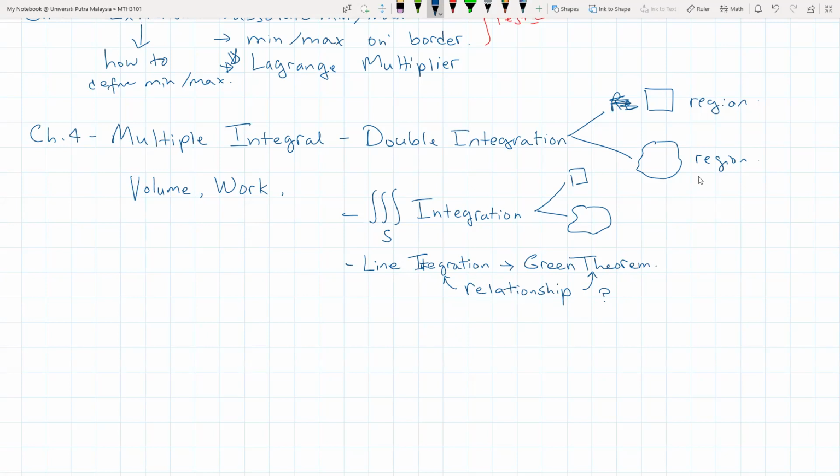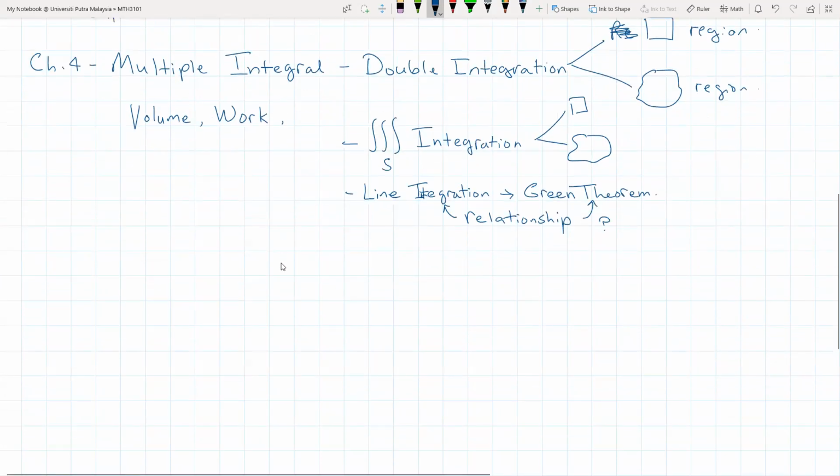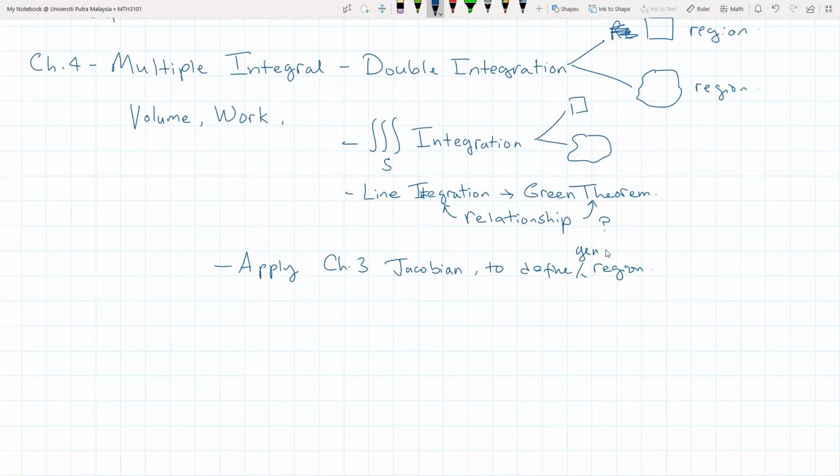And before that we also have change of variables. So we apply chapter 3, which is the Jacobian, to define the region.